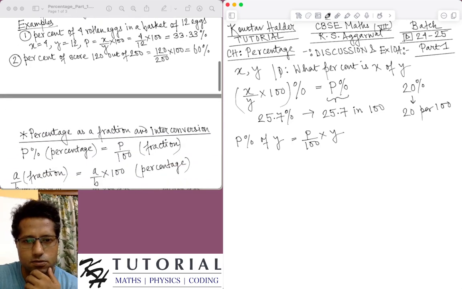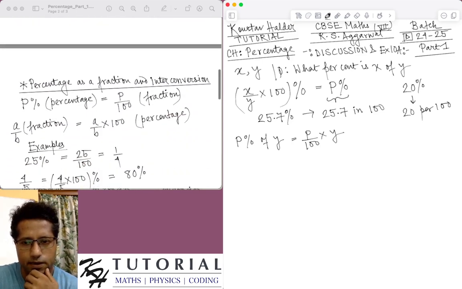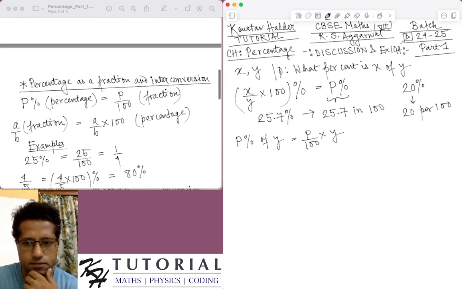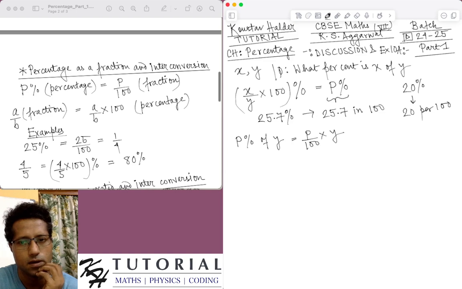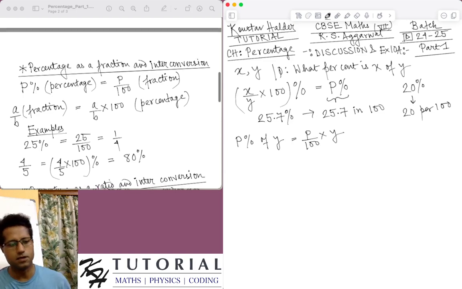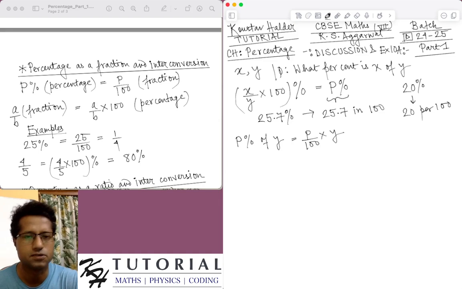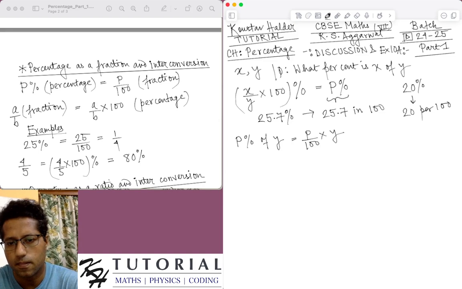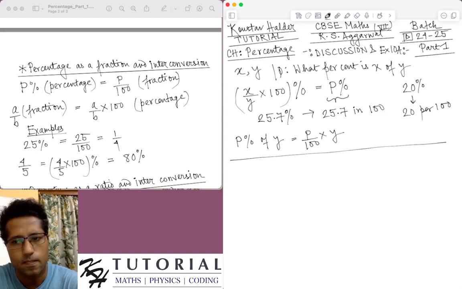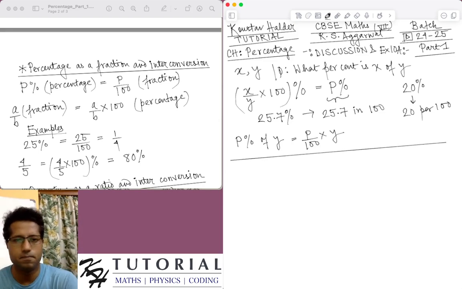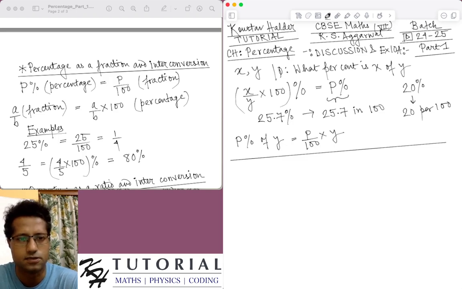Okay, now comes the concept. The percentage, this p, can always be expressed as a fraction. And how do we convert a percentage into a fraction and a fraction into a percentage? We are given a p percentage. So how do we convert that percentage into a fraction? It is nothing but p by 100. That is the fraction.